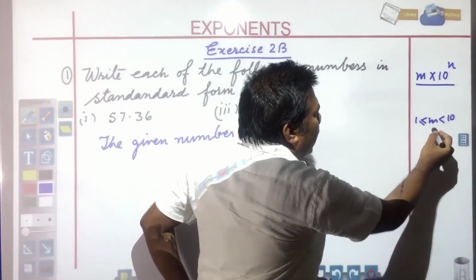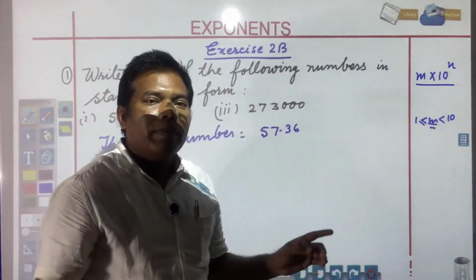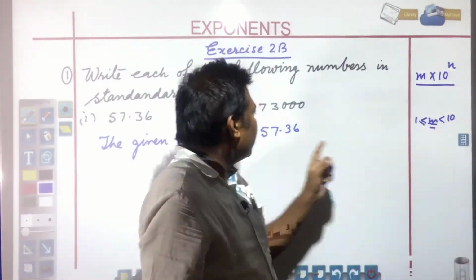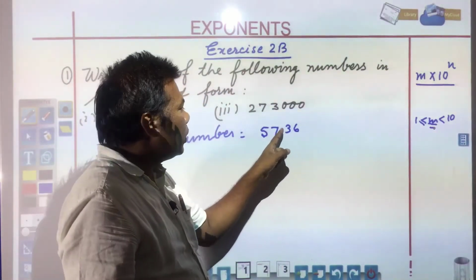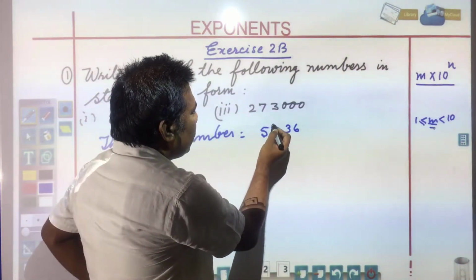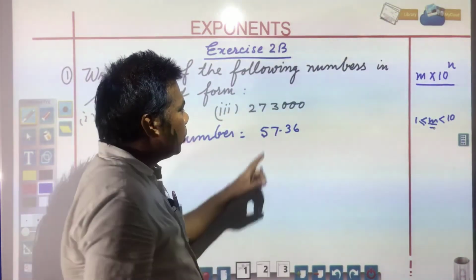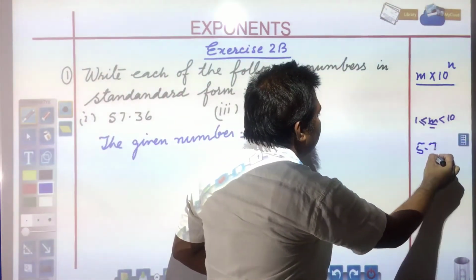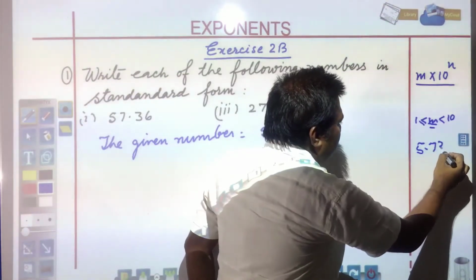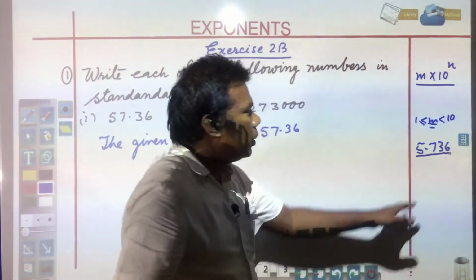It should be m equal to 1, 2, 3, 4, 5, 6, 7, 8, 9. But here you have 57. So, what we need to do is bring this decimal over here, so that you will get 5.736. In this form you need to bring it.